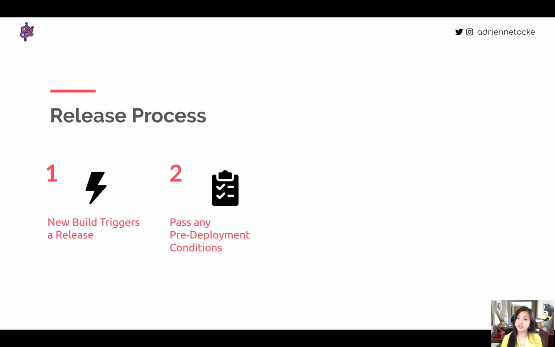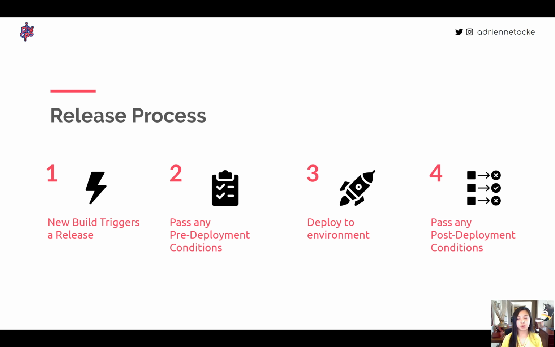And then in Azure DevOps at least, and I'm sure other pipeline tools and platforms can do this, the next thing is if you have any pre-deployment conditions, it would make sure those all pass before it actually goes out and does its thing, which is the third step, and that would be deploying to the environment that is configured for that particular release pipeline. And then just like the pre-deployment conditions, Azure DevOps also offers post-deployment conditions to really make sure that anything else needed after the deployment is successful.